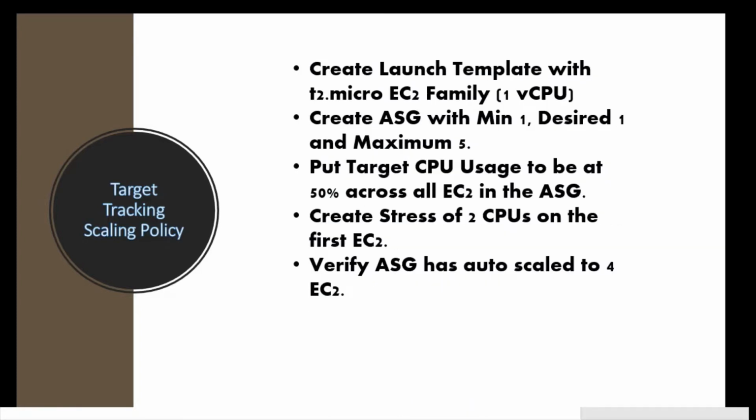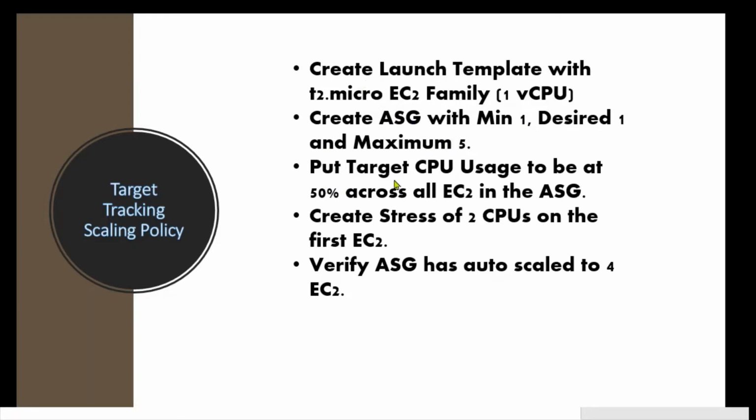Now, what we are going to do today to simulate this target tracking scaling policy is we'll create a launch template with the T2 micro EC2 family, which has one vCPU. Then we'll create an ASG with minimum one, desired one, and maximum five EC2 instances using the launch template we created.